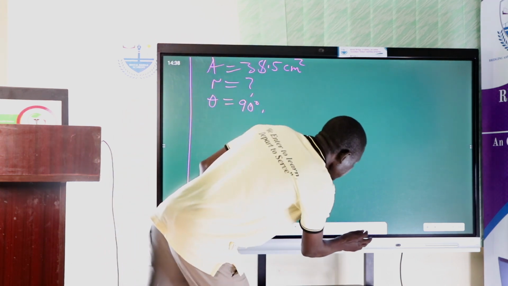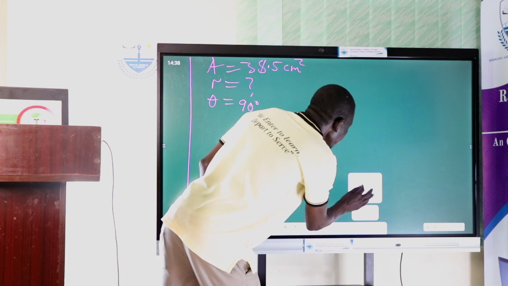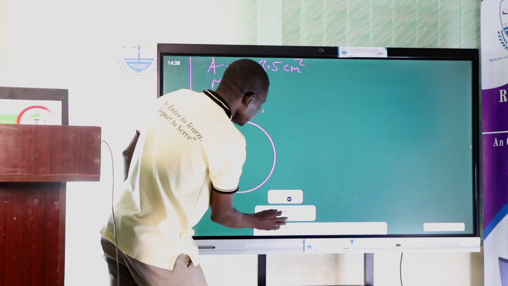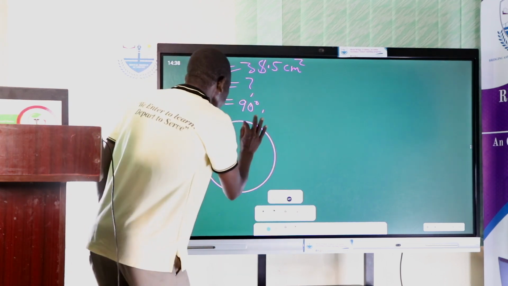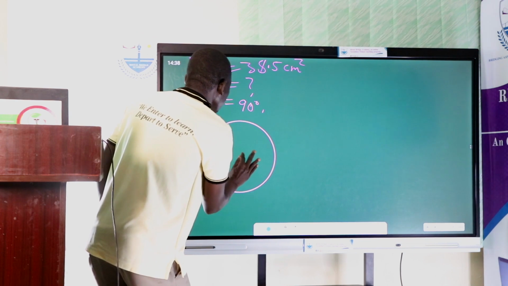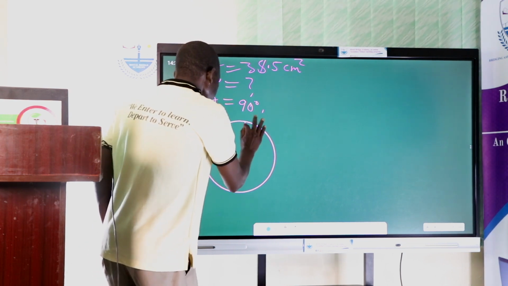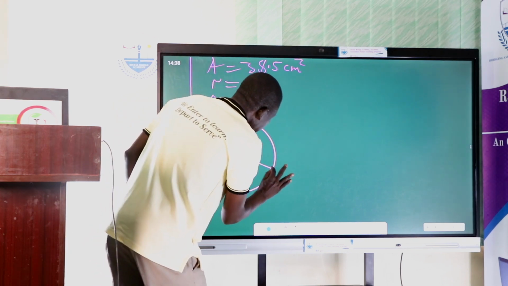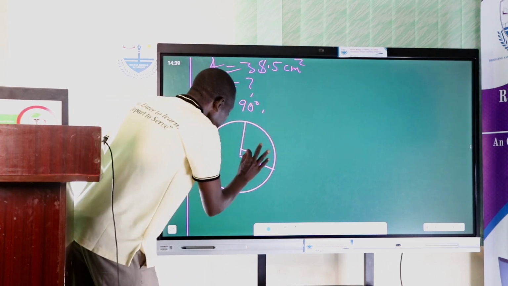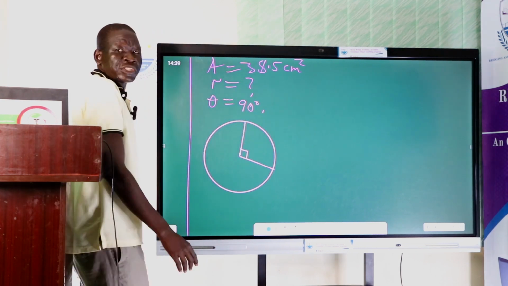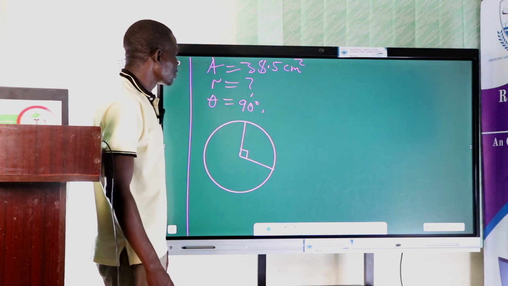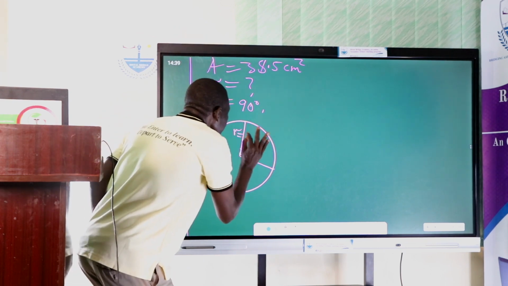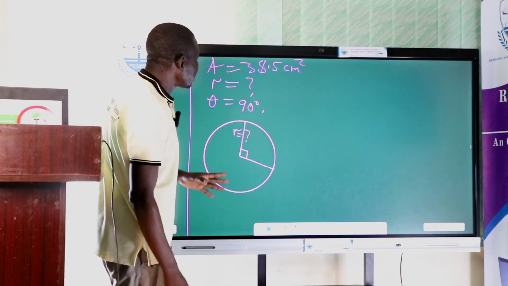We know that this is our circle. This is the distance from the center, which shows the radius. Then we have this angle here, and they say that the angle is 90 degrees. So the radius we don't know, but the area is known.